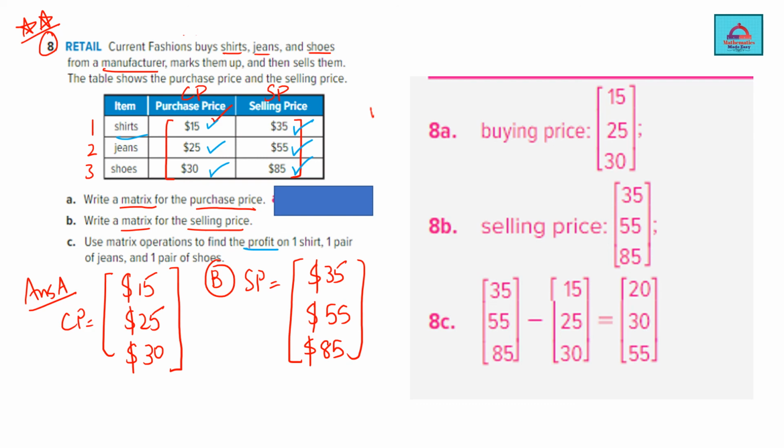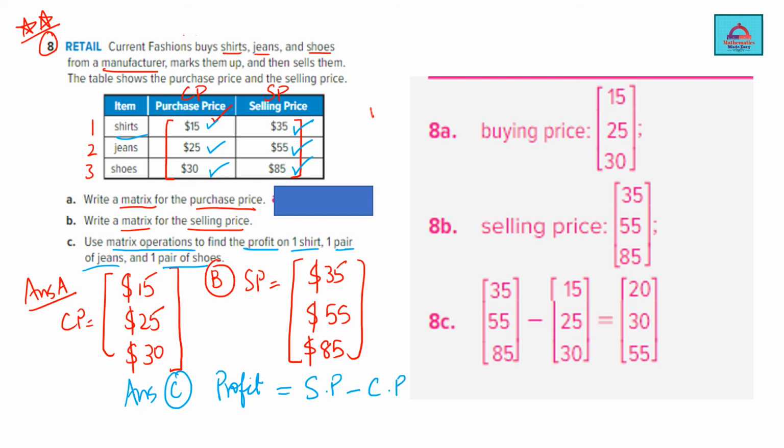So in the last question, you have to use matrix operation to find the profit on one shirt, one pair of jeans and one shoe. So very easy. You know the formula for profit. Profit is the difference between the selling price and the cost price. And definitely selling price is higher in every case. So there is going to be a profit.